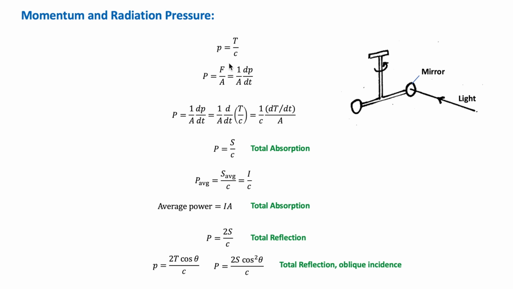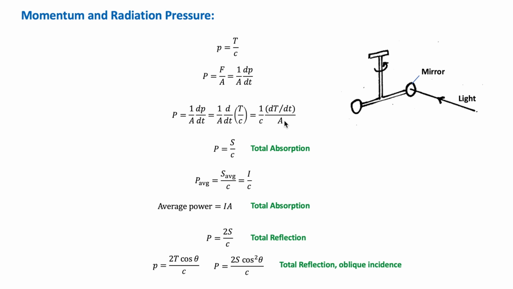The radiation pressure P exerted on the surface is defined as the force per unit area, F over A, and we can use Newton's second law to substitute for F, and then substitute for the momentum, and we get this expression. This quantity here is the rate at which energy is arriving at the surface per unit area, which is the magnitude of the Poynting vector.